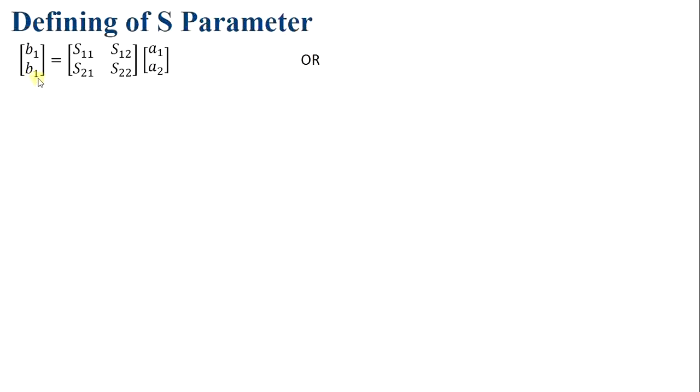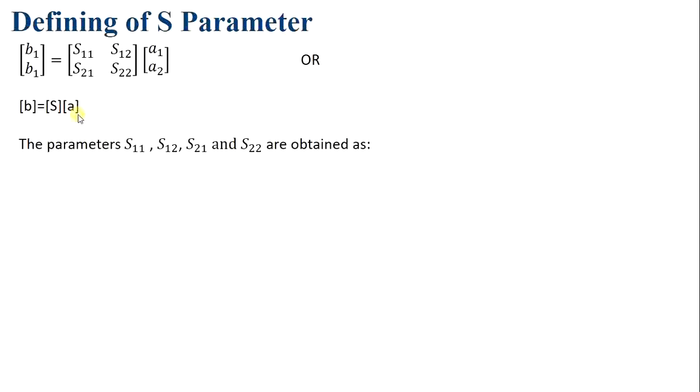It is a column matrix corresponding to the reflected waves or the output. S is the scattering matrix and its elements are called the scattering parameters, and the size of this matrix is n into n. And here A is the column matrix corresponding to the incident wave or the input. We can simply write this as the matrix of B equal to matrix of S into matrix of A.